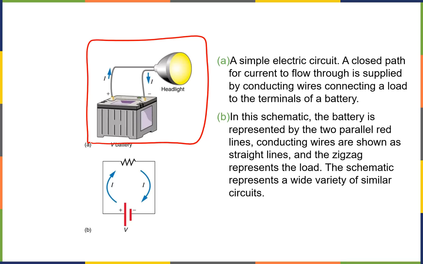And then we have the headlight, which is taking energy from the charge and converting that energy from potential energy per unit charge into energy in the form of mostly heat. About 95% of the energy is going into heating things up, and about 5% is going into light that we see. So lights are really inefficient.